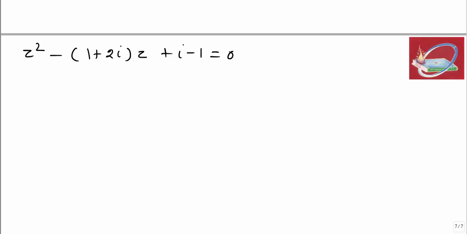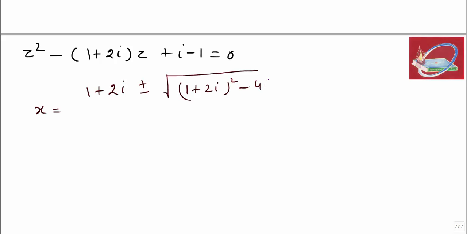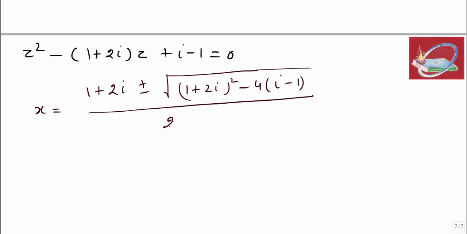What we can have is x is equal to minus b, that is (1 plus 2 iota), plus minus under root of b square minus 4ac, (1 plus 2 iota) square minus 4 times 1 times (iota minus 1), upon 2a.